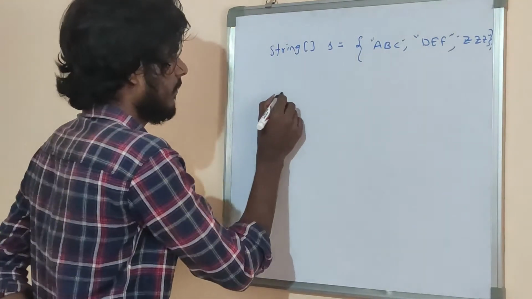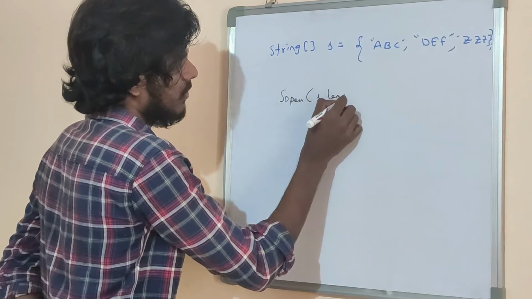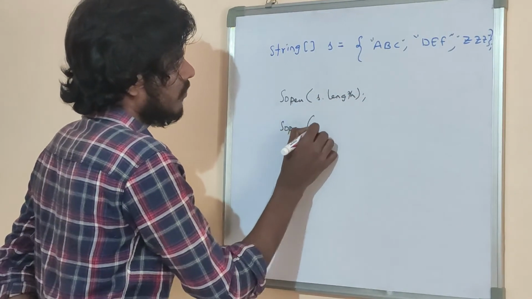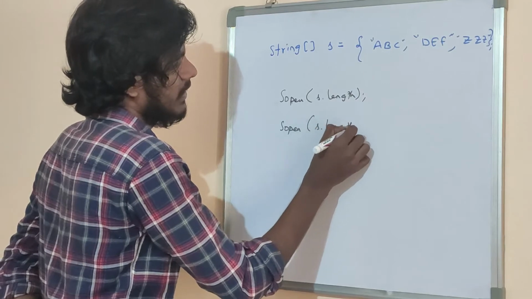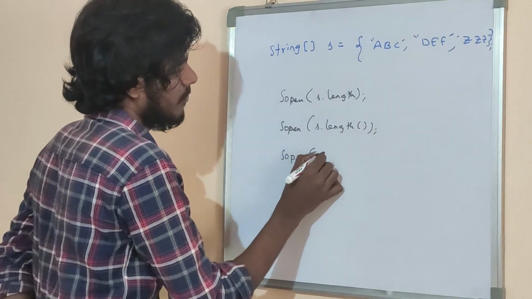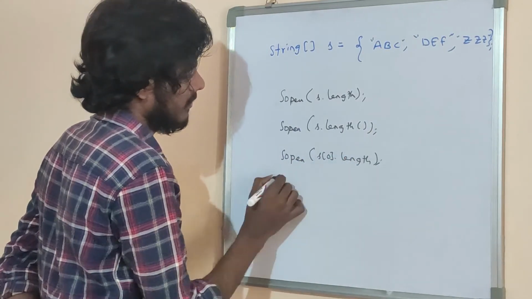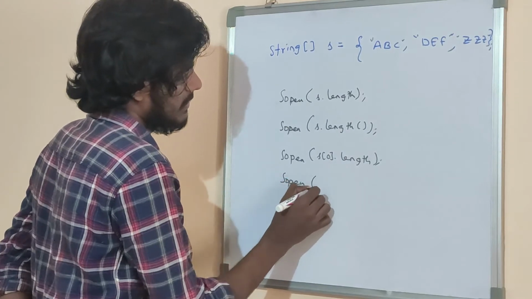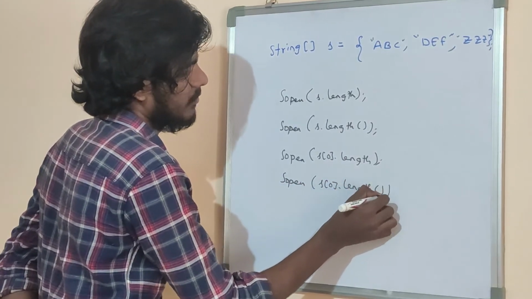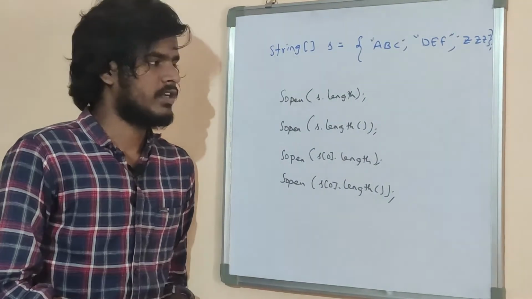Listen carefully. SOP s dot length. SOP s dot length method. SOP s of 0 dot length. SOP s of 0 dot length method. What is the corresponding output for these 4 statements?